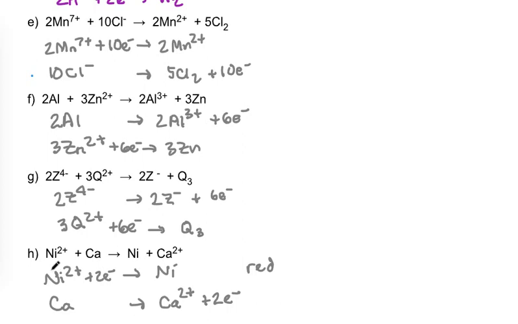Or we could say nickel ions were reduced into nickel metal. On the calcium side, here's calcium, and now here it is again, and here's its electrons lying on the ground. Calcium lost electrons here, and if we look at Leo, losing electrons means this is an oxidation. So calcium metal was oxidized to calcium ions. Nickel ions were reduced to nickel metal. Easy enough?